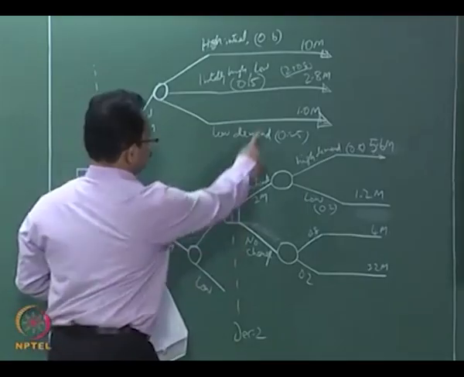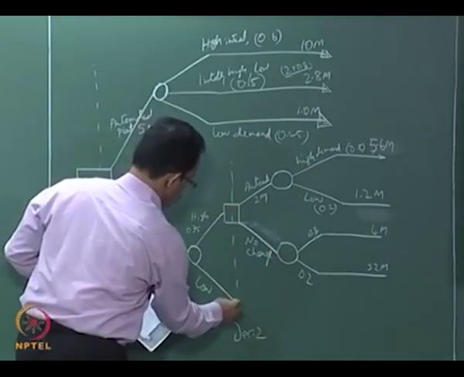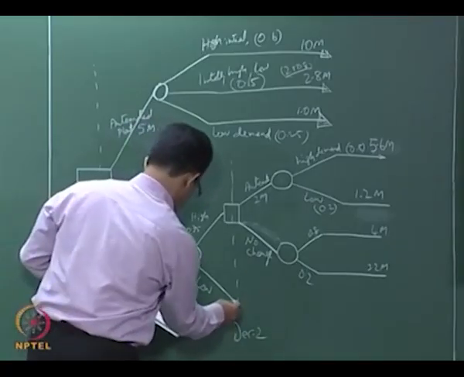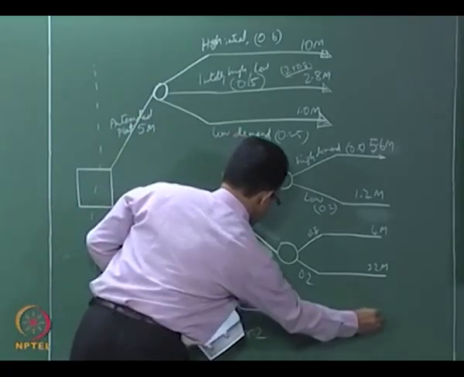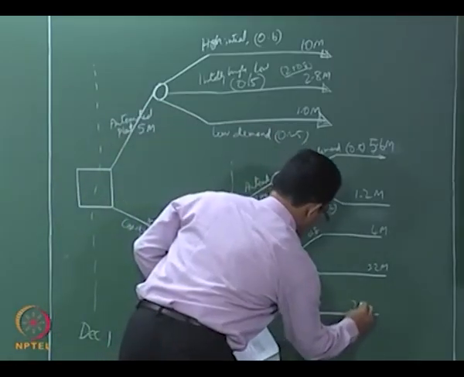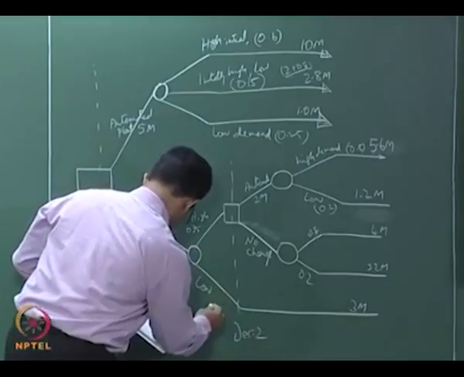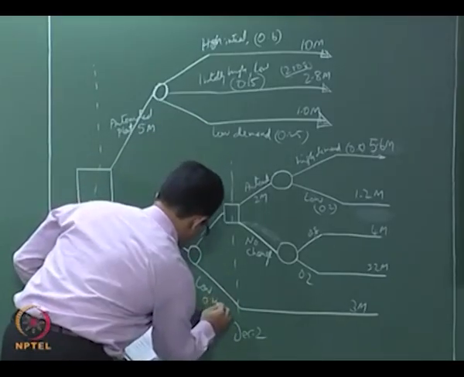Okay, so that is about this decision, and here again you will be having the same situation, this will be going as this output. So here you will be having a 3 million revenue, and this is a low initial demand, so the probability is 0.25.